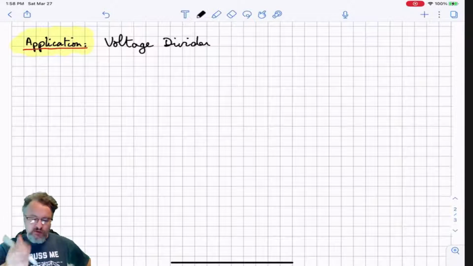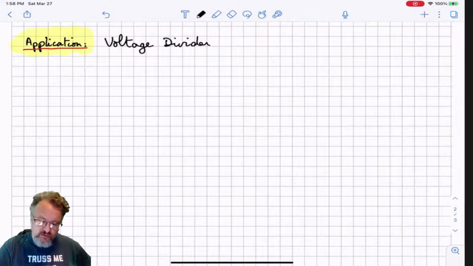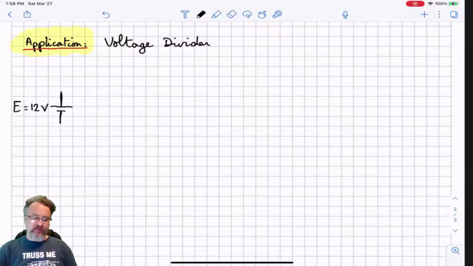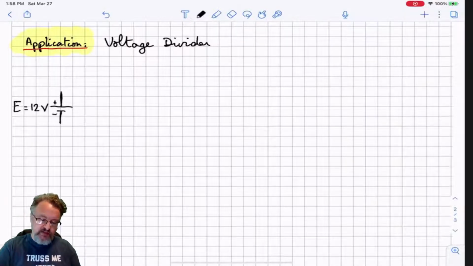In order to control my 12-volt motor, I need a 12-volt battery. I'm drawing a single cell battery right here, but it doesn't matter. That's our positive side, our negative side, and this is going to be powering the motor.